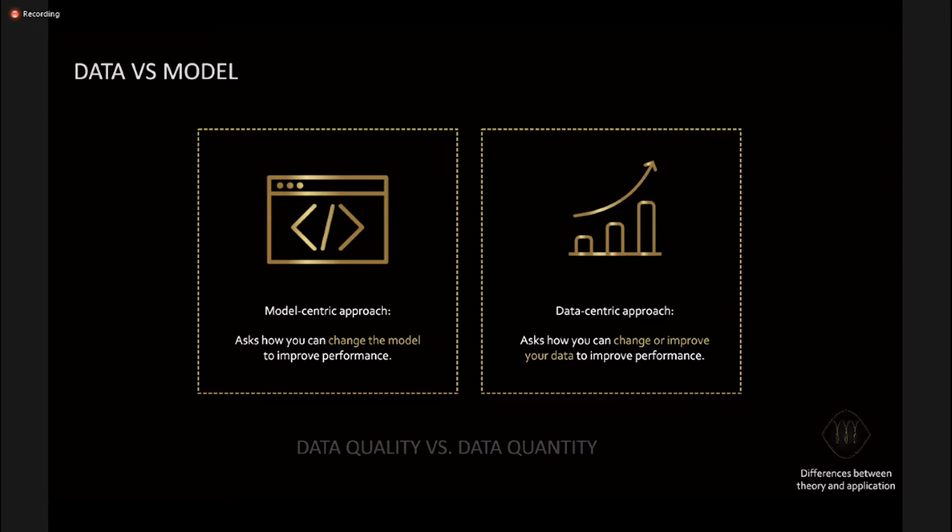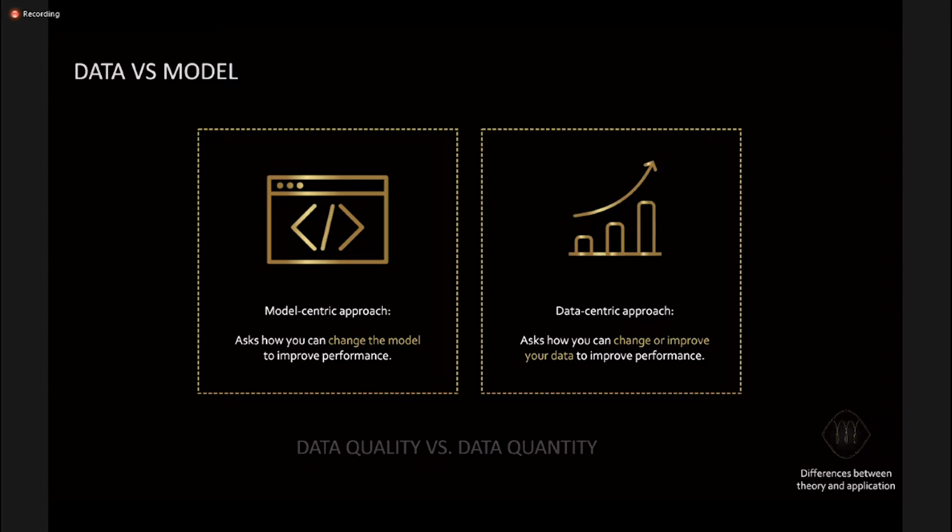This is not as fancy as building a very sophisticated and complex model, but the data-centric approach is what's changing industry around AI. It asks how you can improve your data in order to improve performance.